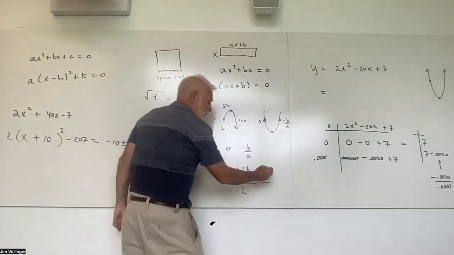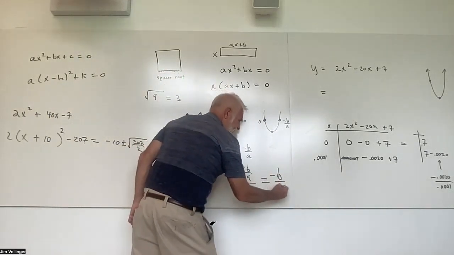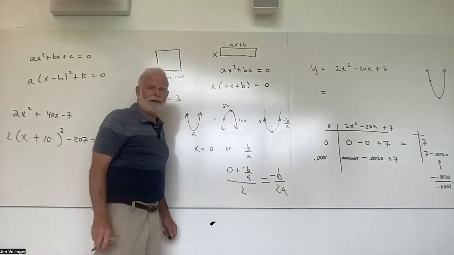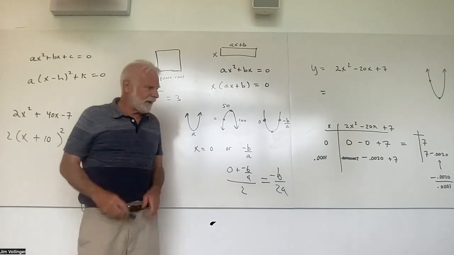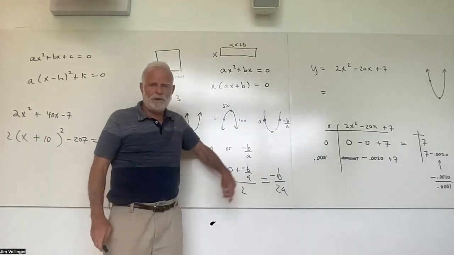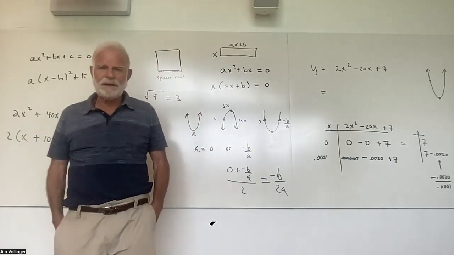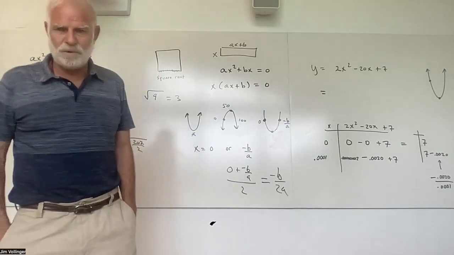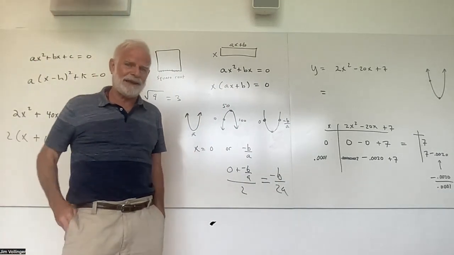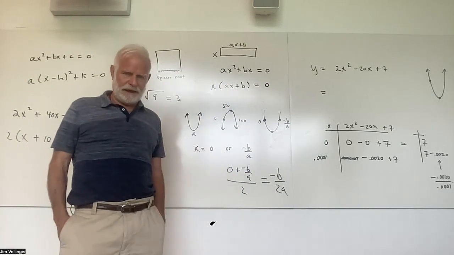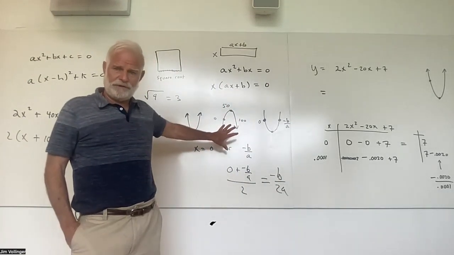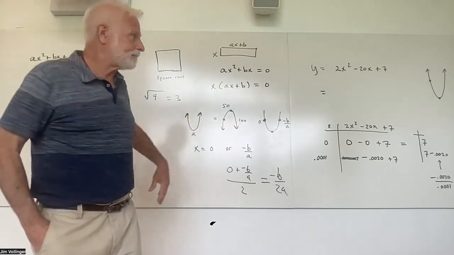Oh yeah, we've been practicing with it for 5 days. Minus b over 2a. Very important little formula for finding the x value of the minimum or maximum of a quadratic, which we'll talk about at the end of this video again. So that's one of the reasons you've been looking at that. There's also geometric reasons. Talk about that another time.